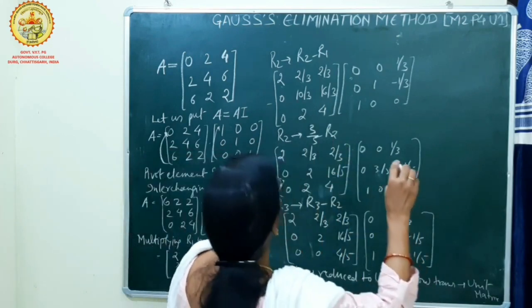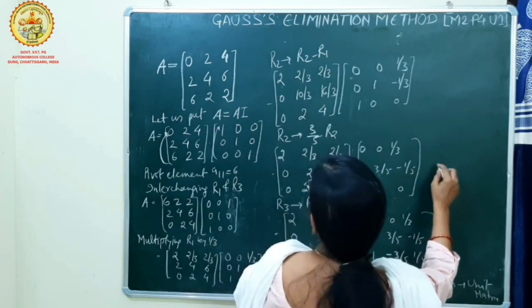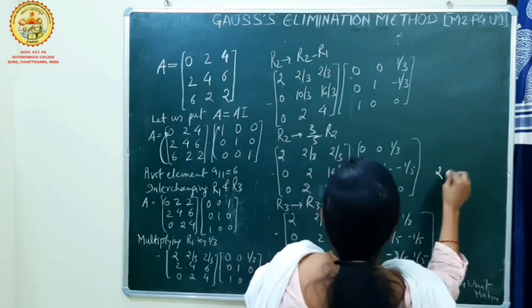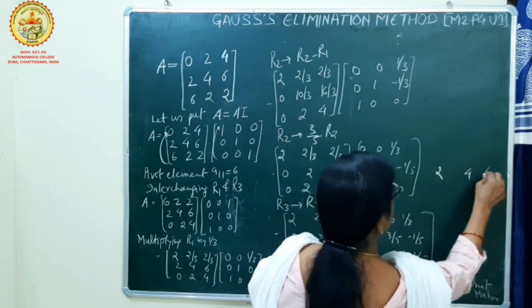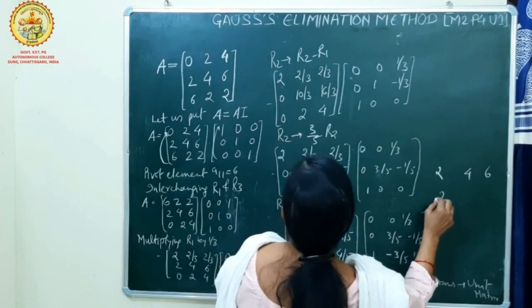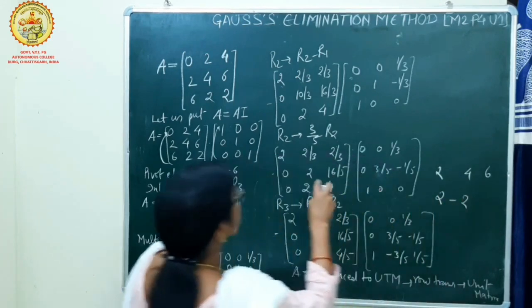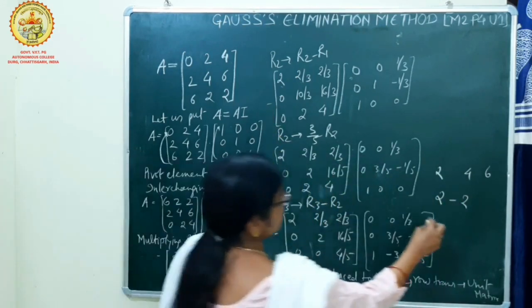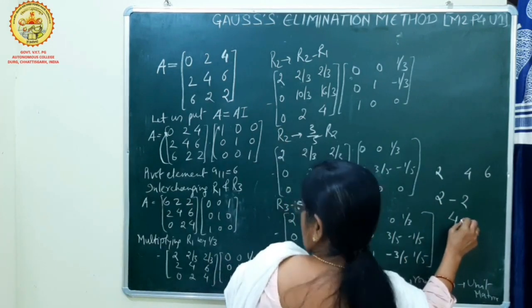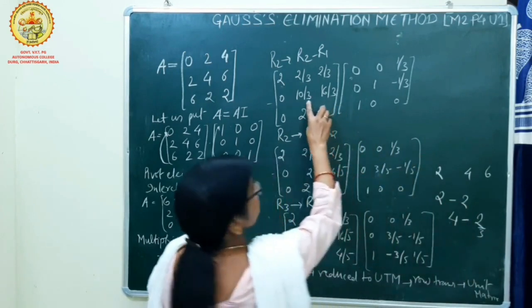That is, 2 minus 2 is 0, and 4 minus 2 by 3 is 10 by 3.